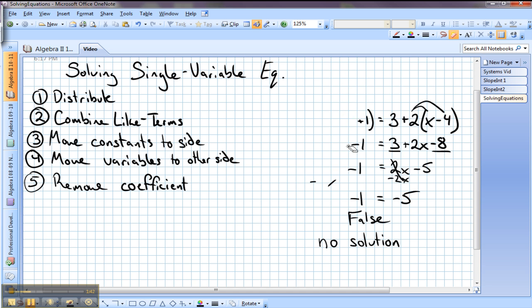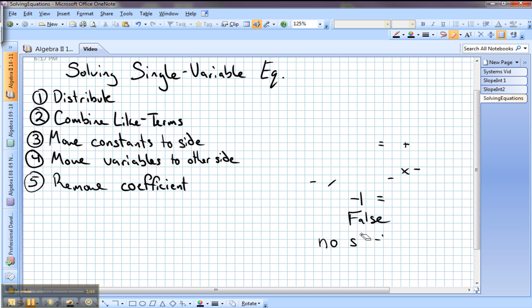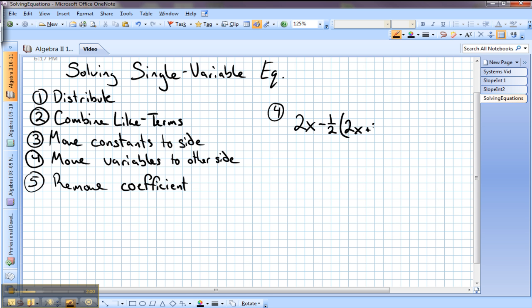Okay, let's look at a fourth example. 2x minus 1/2 times the quantity 2x plus 4 is equal to 10.